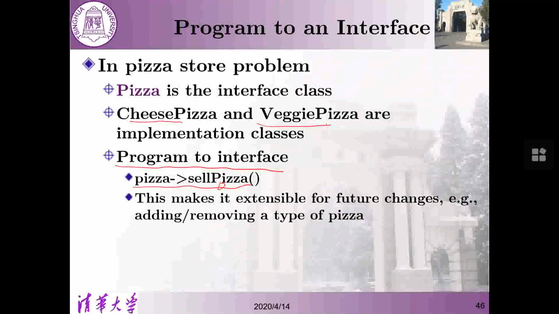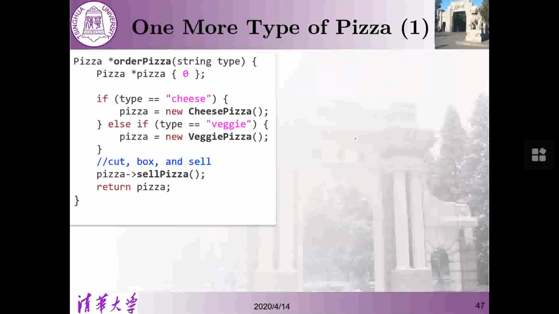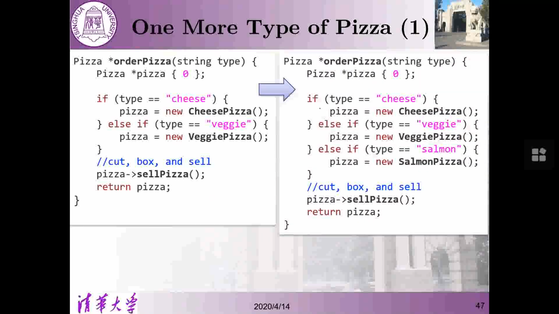So these are the merits of programming to an interface. If we add one more type of pizza, we can do this. We change this part. Here we add one salmon pizza, right?